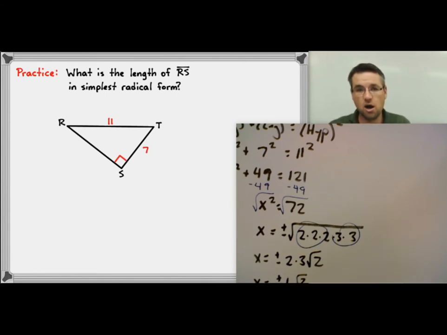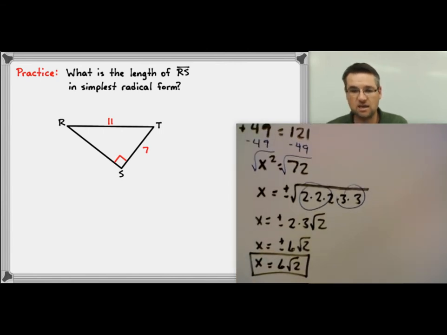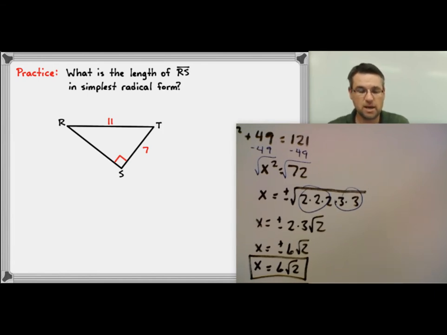So in this context, we can get rid of the negative answer. And so we're left with x equals 6 radical 2. So the missing side length is 6 radical 2. There's no context here, so we don't know if it's inches, feet, centimeters, whatever it is. So we'll just say 6 radical 2.